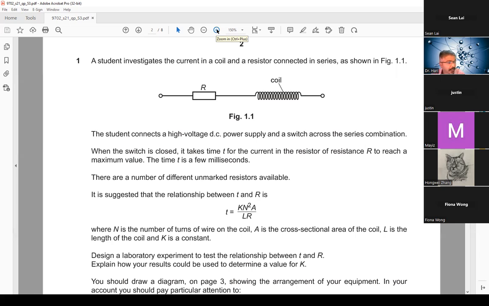Did they say anything about K? All right, K we just assume is some sort of constant, right? I'm writing it down for my reference.